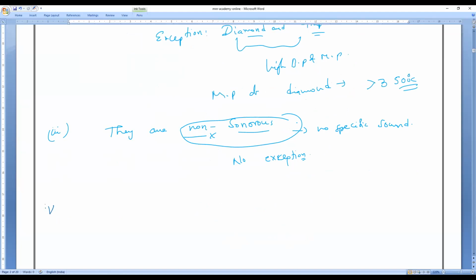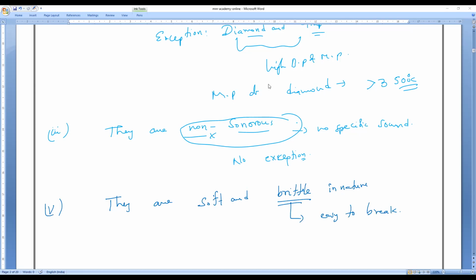Next, the fourth one. Are they soft and brittle, or are they hard enough? They are soft as well as brittle in nature. Can you tell me what brittle means? Easy to break. Like our chalk piece, it can be broken very easily. Very, very little force is required to break a chalk piece.